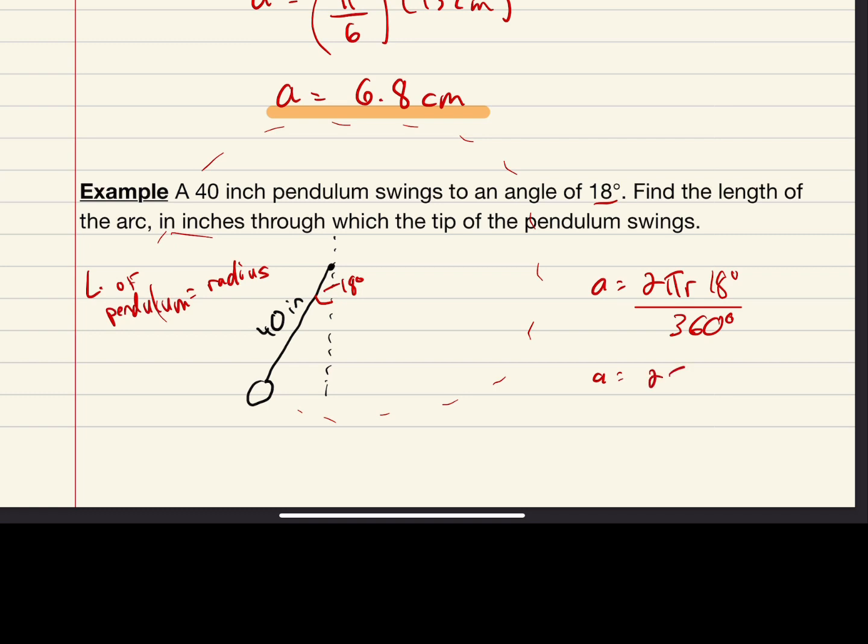And when I sub in everything here, 2 pi, 40 inches, 18 degrees over 360 degrees, we end up with, and you plug this on your calculator, 12.57 inches.